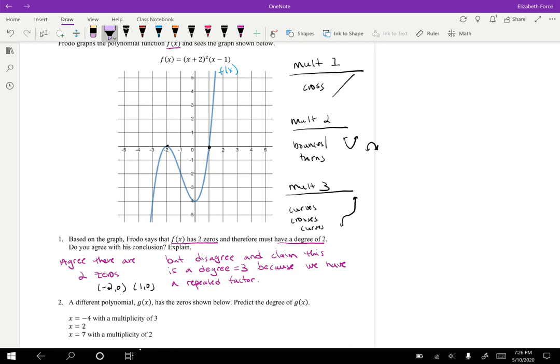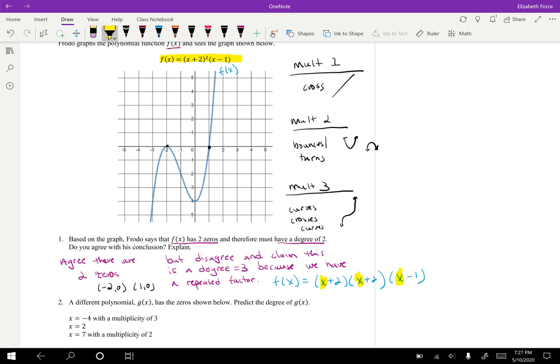So I'm just going to highlight this polynomial for you guys real quick, and I'm going to expand it out just to prove to you that it is a degree 3. So if we rewrite f of x and expand it out in factored form, you're going to have x plus 2 times another x plus 2, because you're squaring it, times an x minus 1. And that is why I'm claiming that this is actually a degree 3.